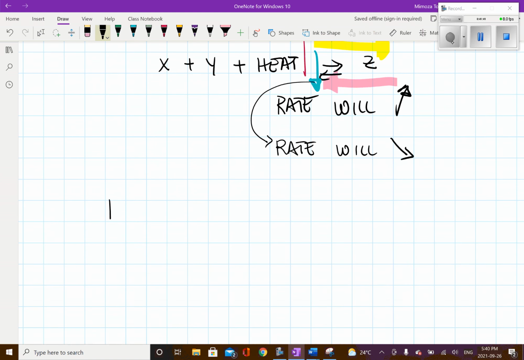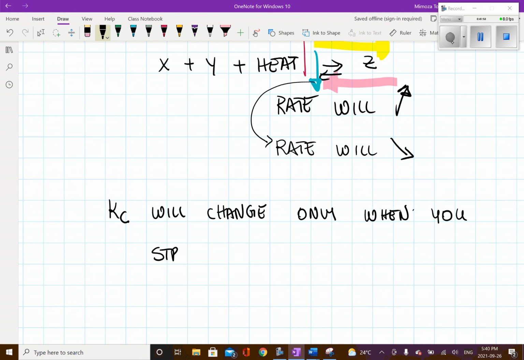So the equilibrium constant will change only when you stress the system in equilibrium regarding heat.